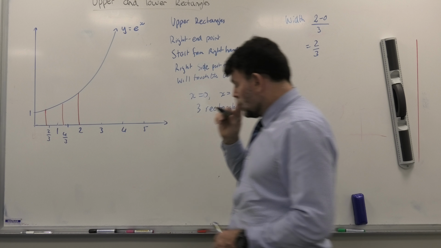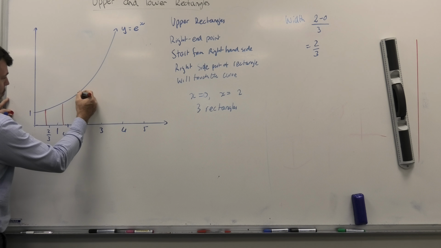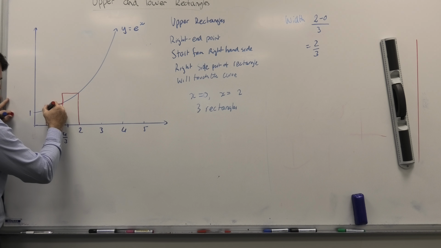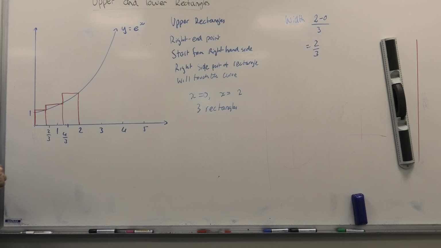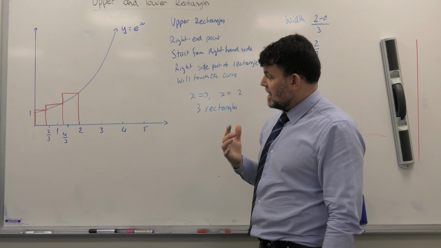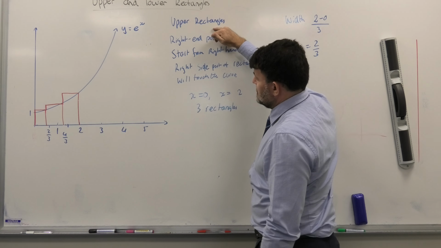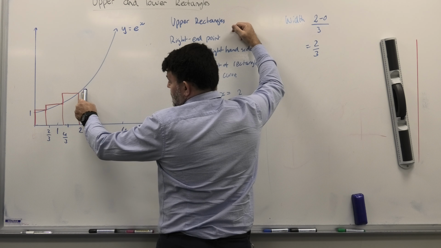Now, because we're doing upper rectangles, that means we're going across and down, across and down, across and down. So in this case, just like with the lower rectangles, it's the side that touches the curve that matters. This time it's the right end, the right part of the rectangle touches it.